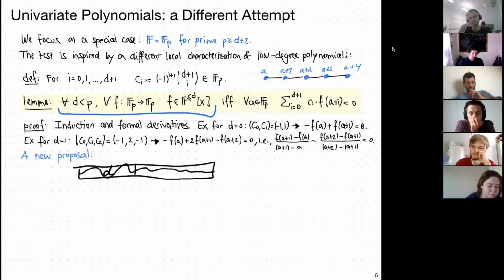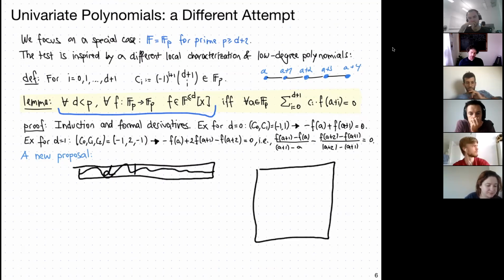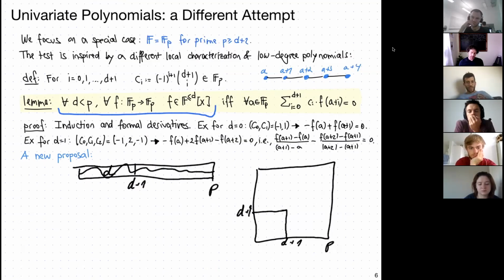But the moment we go into even a bivariate setting, let's see what happens. Here this was d plus 1, and that is p, the prime, the size of the field. When we look at 2 dimensions, we can write d plus 1 and d plus 1, and here we'll have p and p.